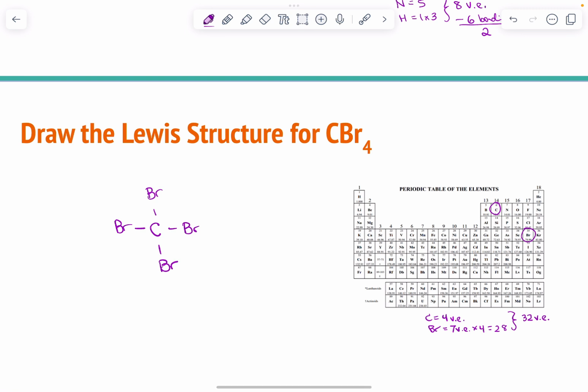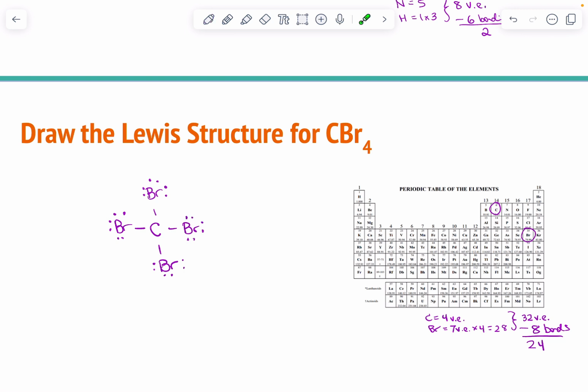And so we used 8 electrons in doing that. And so that's going to leave us with 24 electrons to distribute as lone pairs. So that's 2, 4, 6, 8, 10, 12, 14, 16, 18, 20, 22, 24.